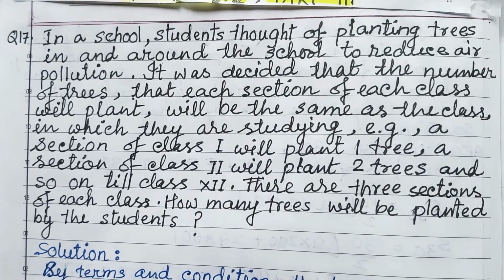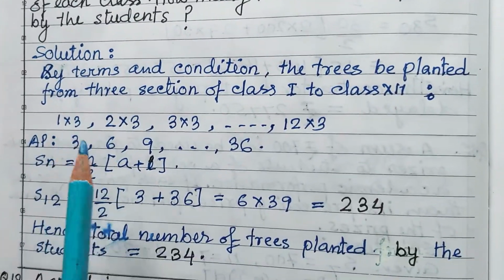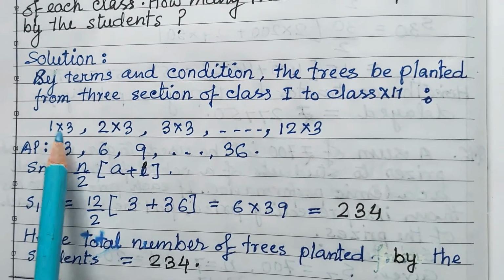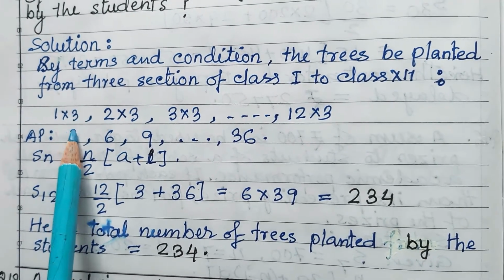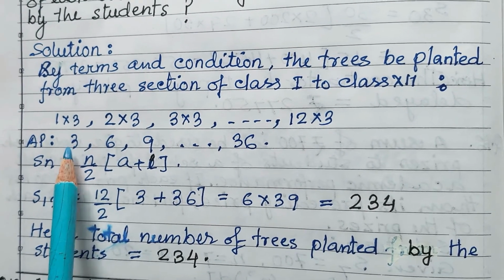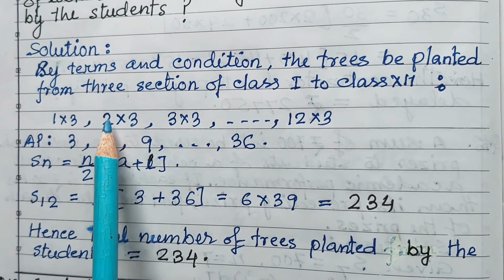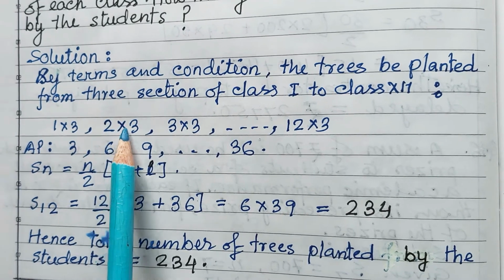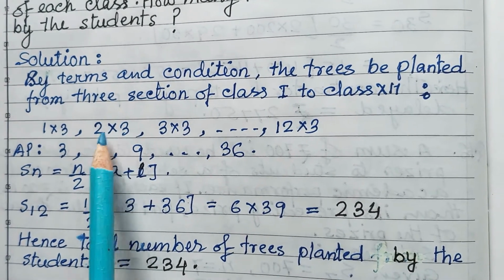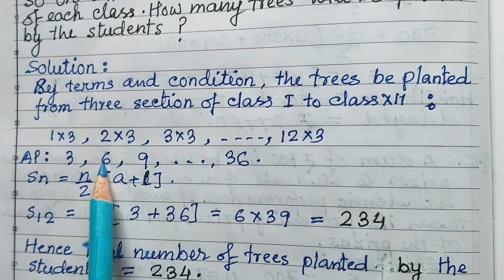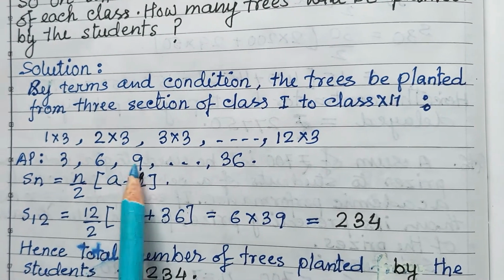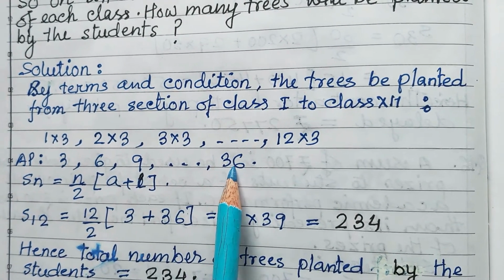According to the conditions, class 1 has 3 sections, so 1 times 3 is 3 plants they will plant. Now class 2 has 3 sections, so 2 times 3 is 6, they will plant 6, and so on. Next is 9, and the last is 36.